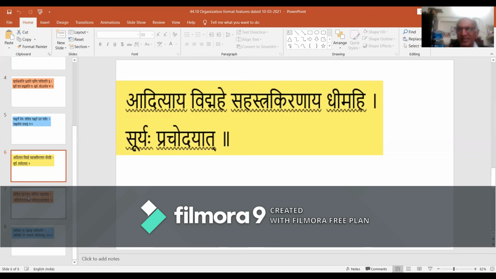as a composition of as many as 1,000 Kiran, Surya Rashmi. It is 1,000-fold flow, 1,000 streams flow of Jyoti, Tej from the sun through its 1,000 rays.